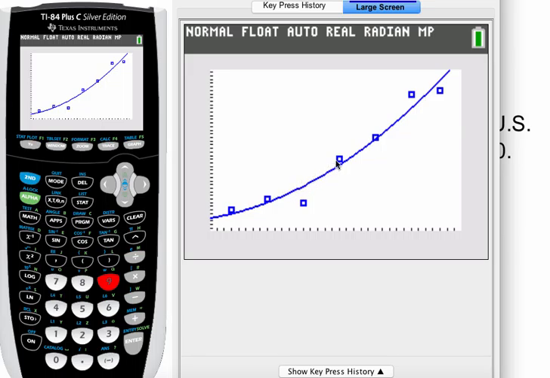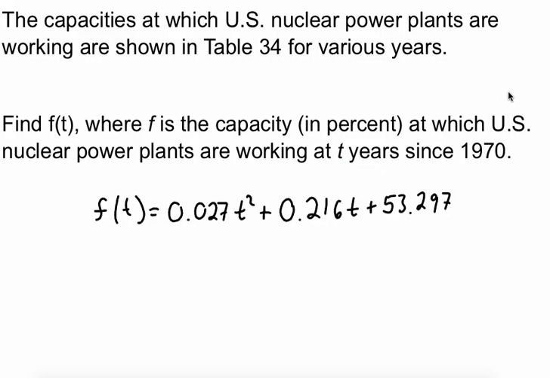Although we do recognize that at some point the capacity will reach 100%, so it probably would level out, whereas parabolas tend to open up and keep going up forever. The parabola won't do that, but it will do fine for making some small amount of extrapolation. So we'll go ahead and run with it.